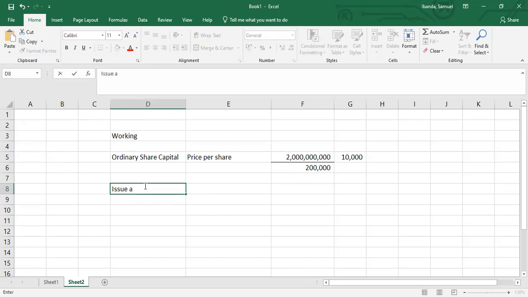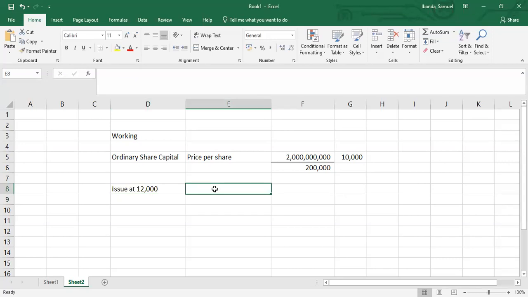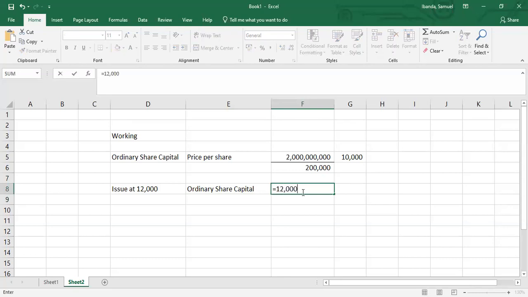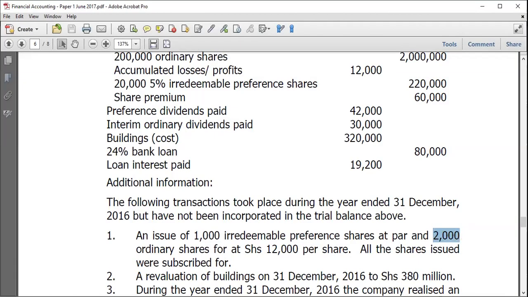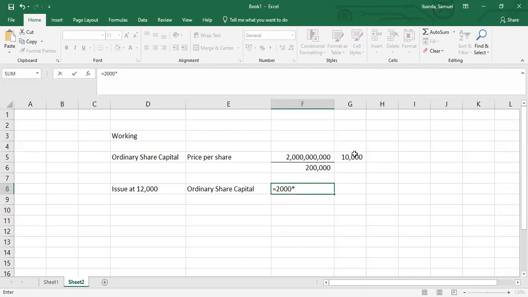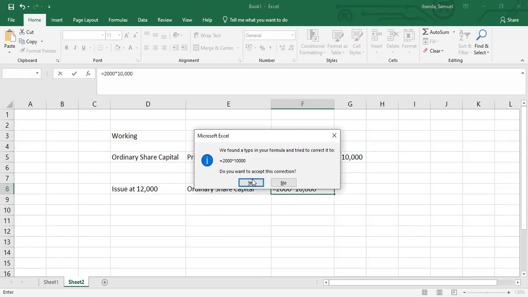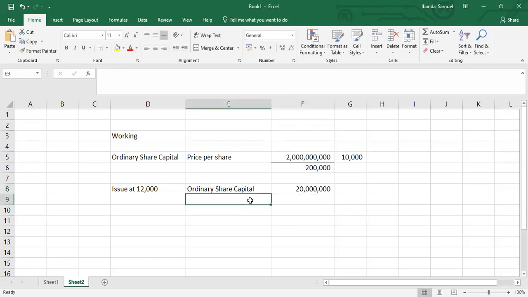The issue at 12,000 means I'm going to have a share capital component. Let's confirm how many shares they issued. They issued 2,000 shares, so my share capital will be the shares they issued, 2,000, times the 10,000, which is my share capital value. Which gives me 20 million.